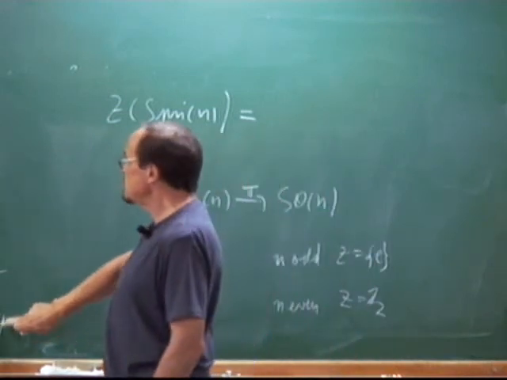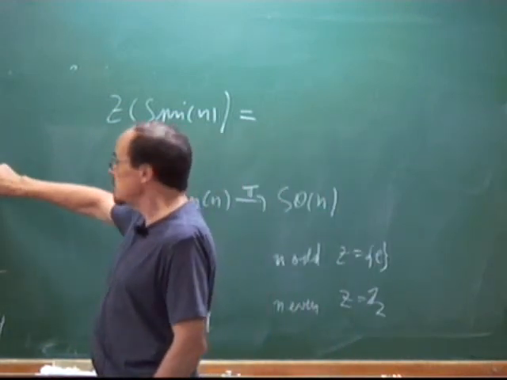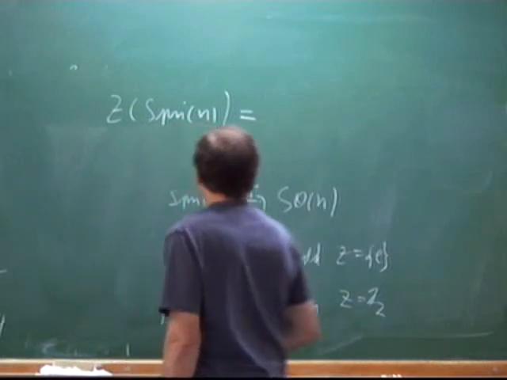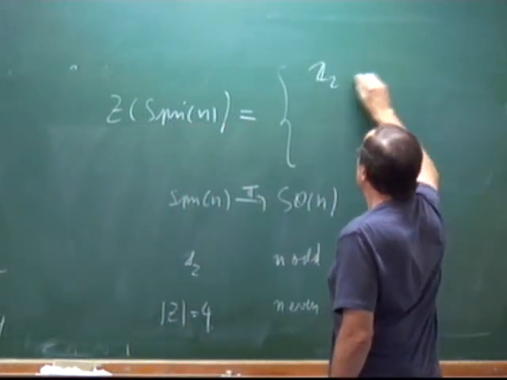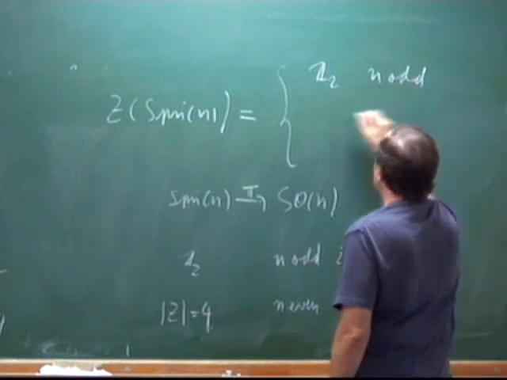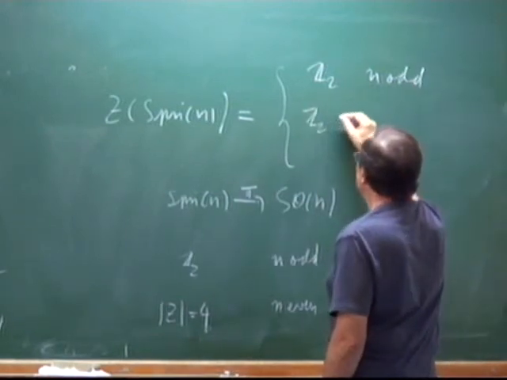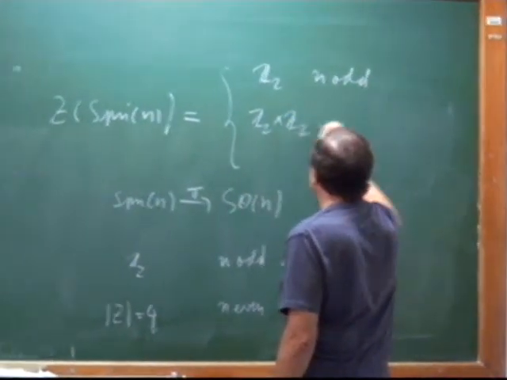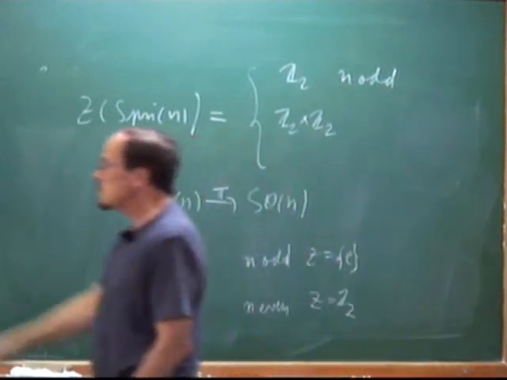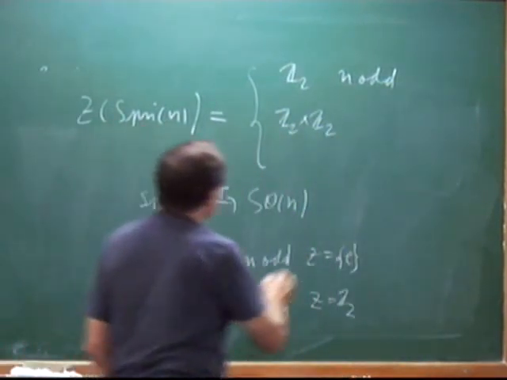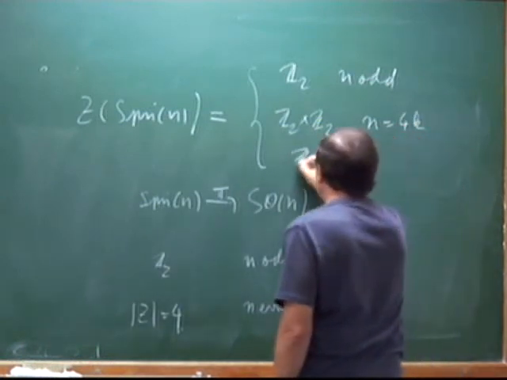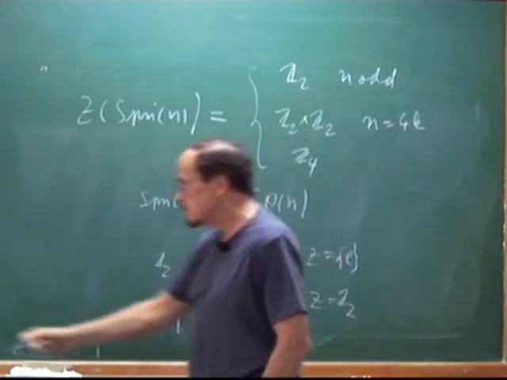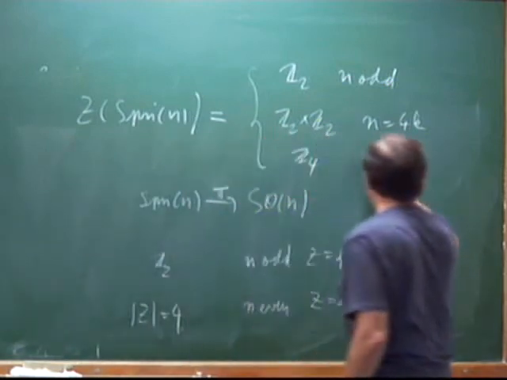For Spin 6 it's Z4, and for Spin 4 it's Z2 cross Z2. So it's Z2 when n is odd, Z2 cross Z2 when n is 4k, and Z4 when n is 4k plus 2.